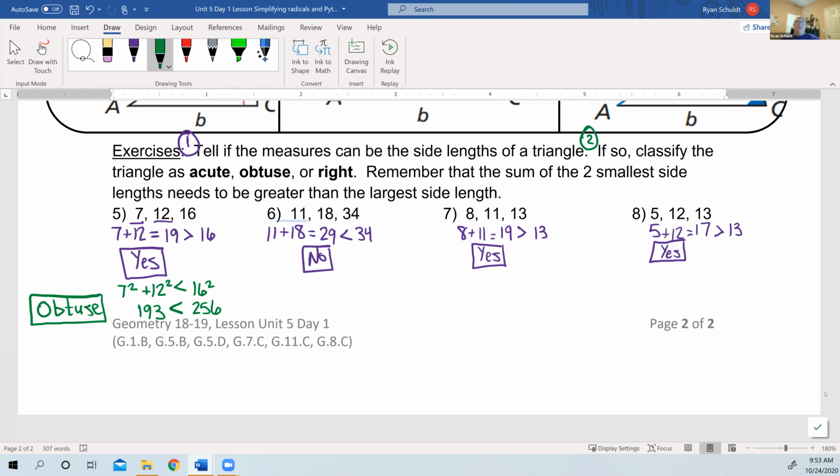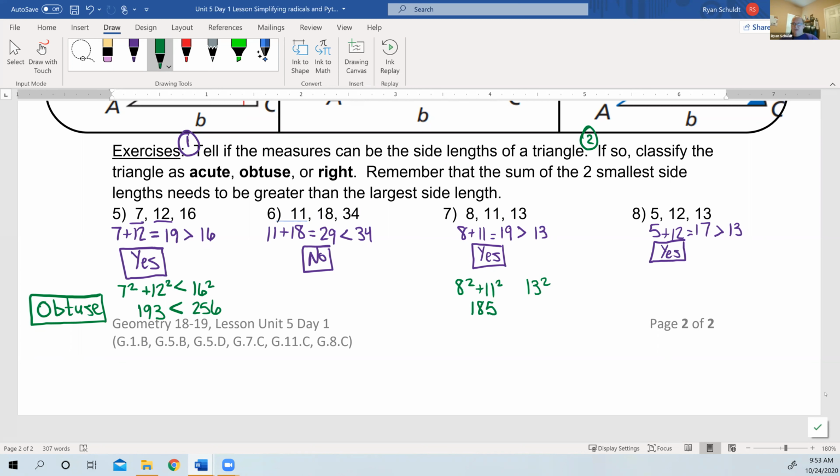Now, number 6, we can't be a triangle, so we're done on that one. We can't go further. We're done. Number 7, I do have a triangle, so I need to go further. 8 squared plus 11 squared. How does that compare to 13 squared? Well, let's see. What is 8 squared plus 11 squared? It's 185.